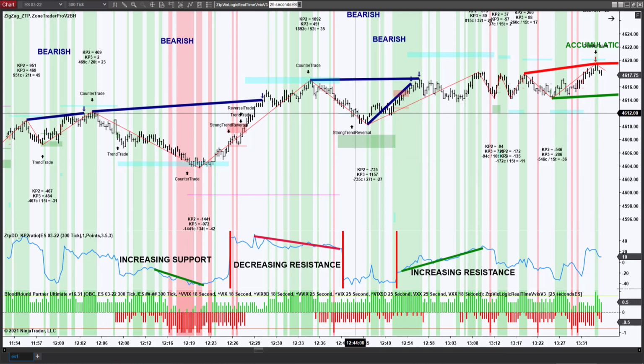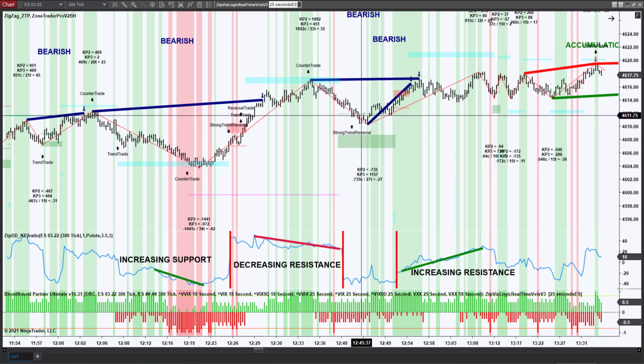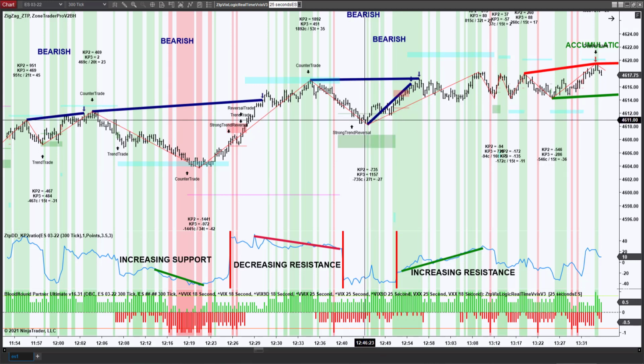There is definitely an increased risk if you were going to take a trade from here. And that is really the point of the video. When dealing in a strong trend, there is increased risk and decreased reward.